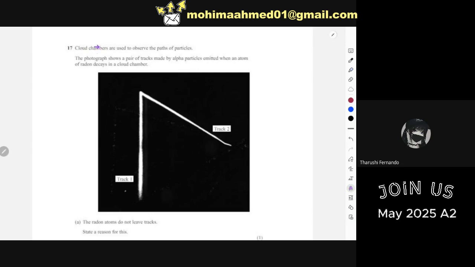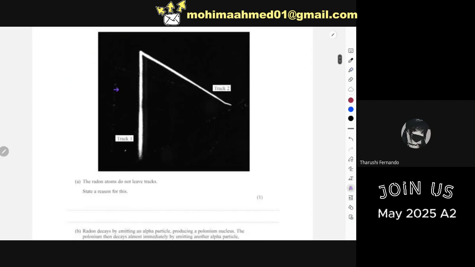We do not know yet what a cloud chamber is, but we will when we start particle detectors. Cloud chambers are used to observe the paths of particles, and the photograph shows a pair of tracks made by alpha particles emitted when an atom of radon decays in a cloud chamber.